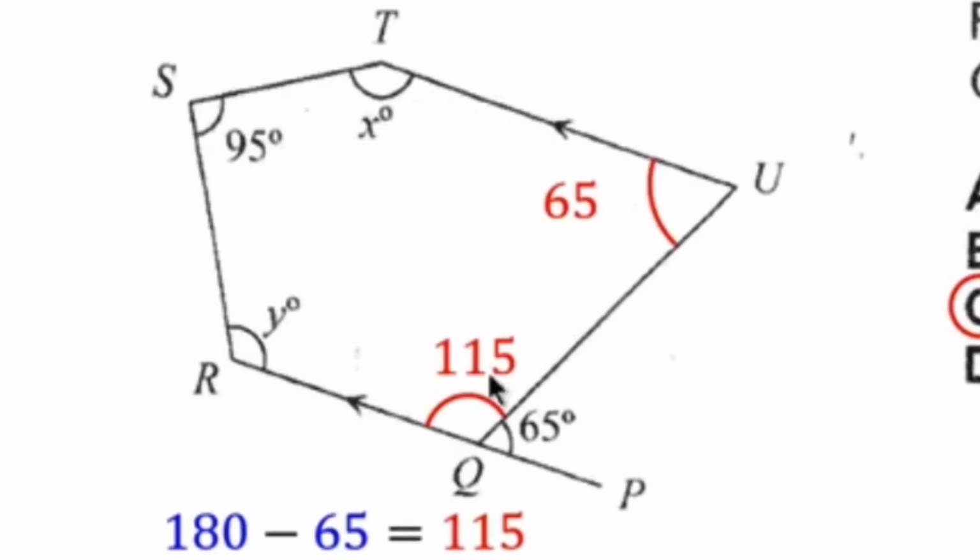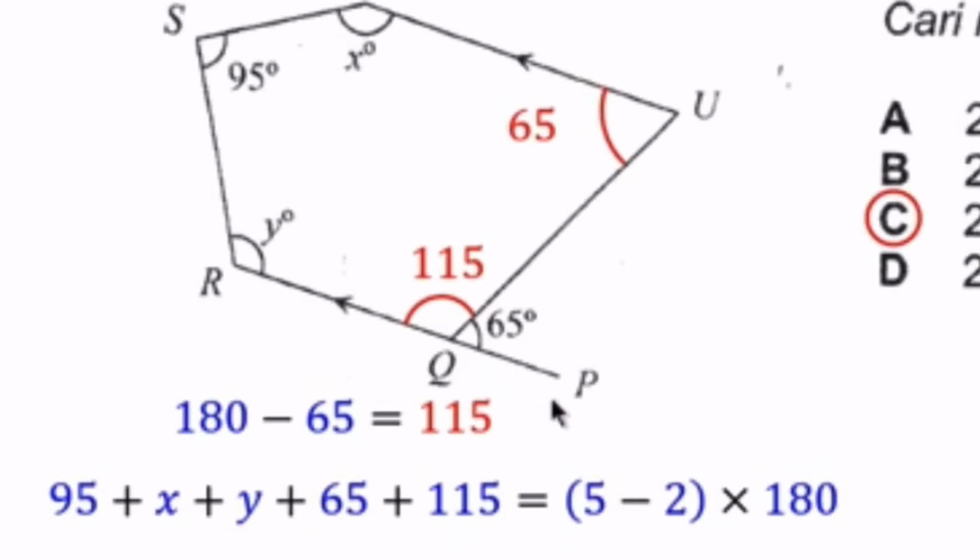So you take x plus 65 degrees plus 115 degrees plus y degrees plus 95 degrees is equivalent to the total interior angle. You have 5 sides, so it's 5 minus 2 times 180 degrees.